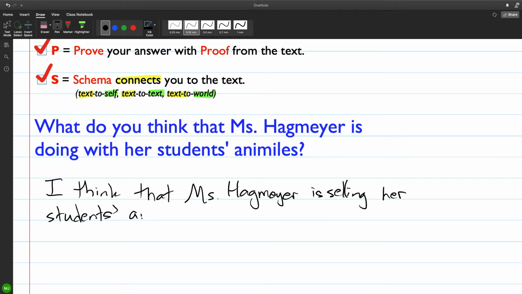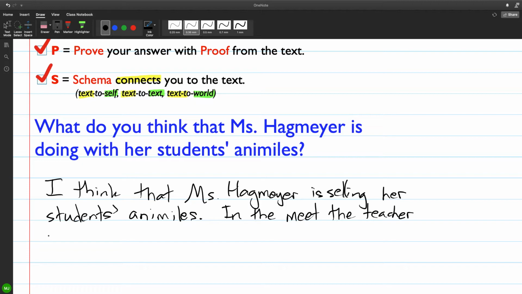Now, anybody want to expand on that just a little bit? Isabel, go ahead. In one of the chapters, when they were doing Meet the Teacher, Mrs. Hagmeyer didn't answer about the animals. So in the Meet the Teacher chapter, thank you, Isabel.